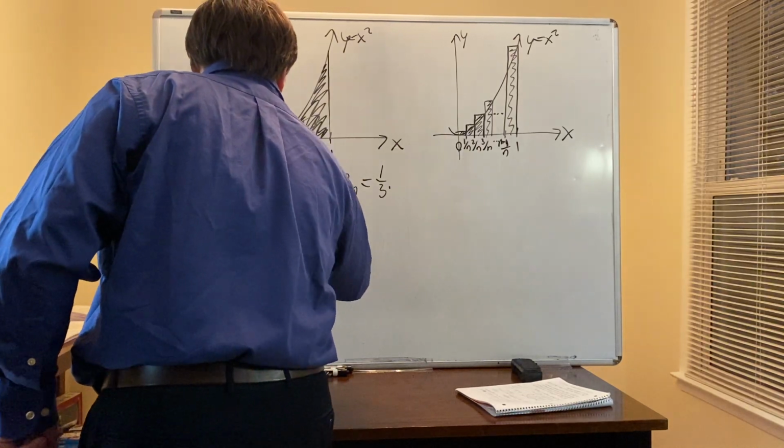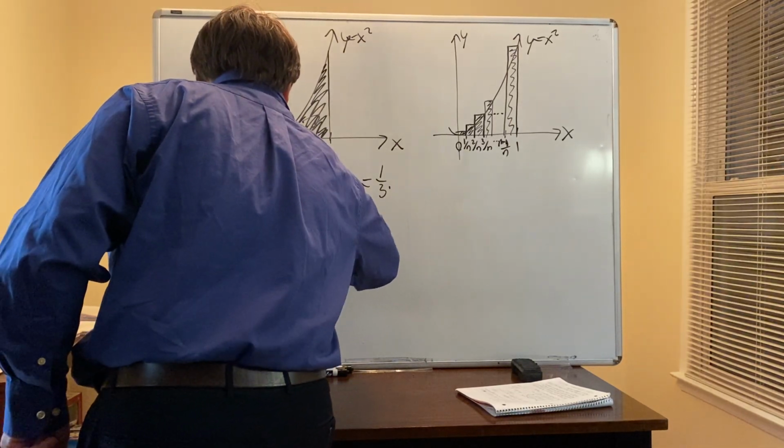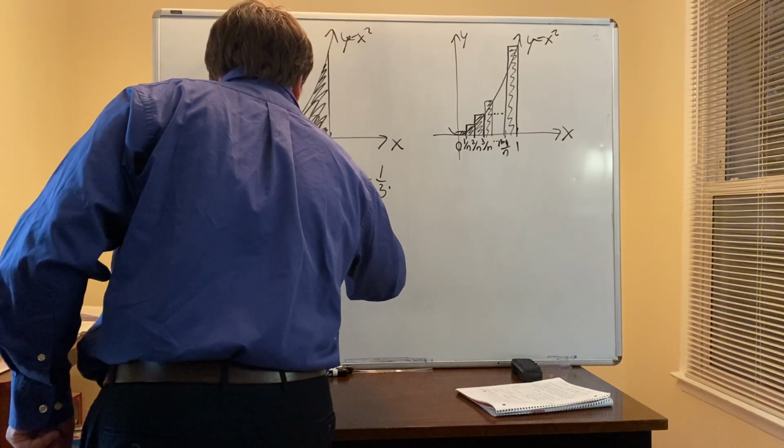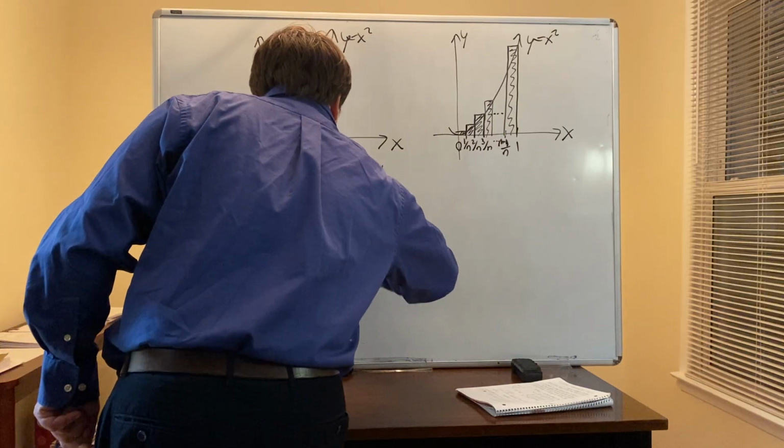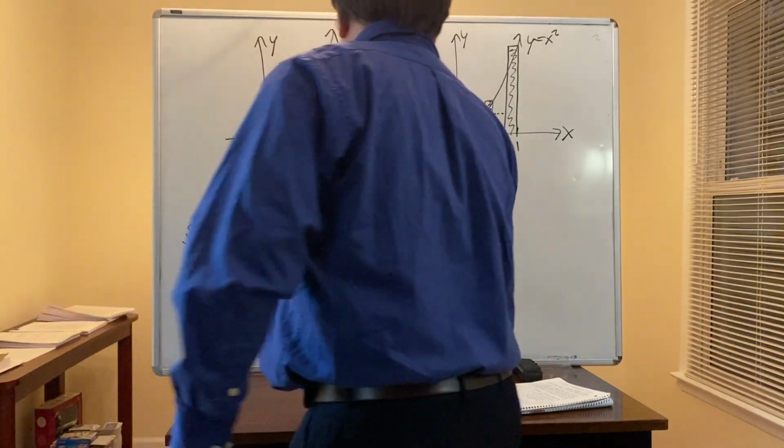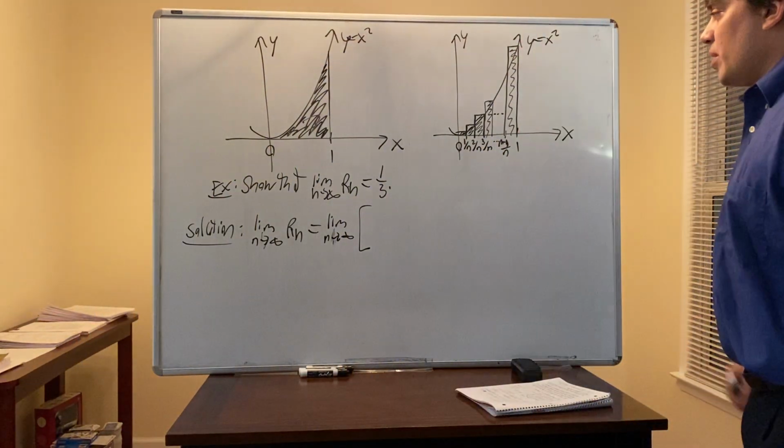The limit as n approaches infinity of R sub n is equal to the limit as n approaches infinity of the sum of those n approximating rectangles.